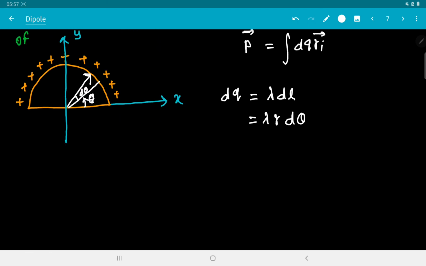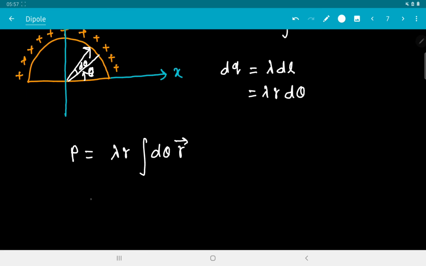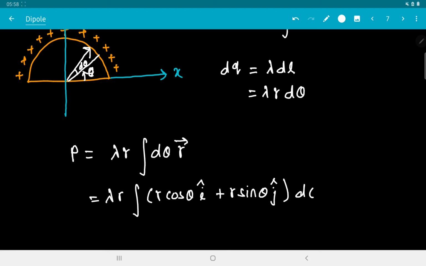Now let us apply this. P is equal to lambda and r will be constant, they will come outside the integration. We will have d theta into r, the position vector. Now r we can write in the Cartesian coordinate system as r cos theta i cap plus r sin theta j cap into d theta.